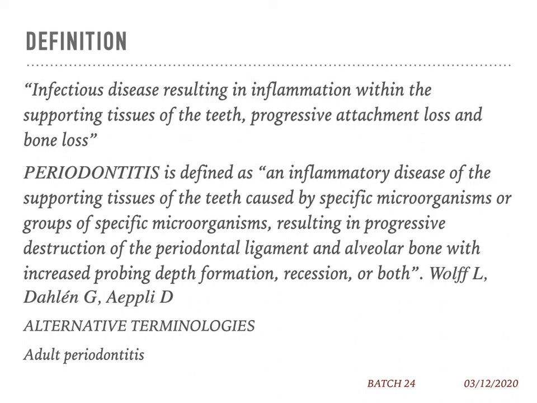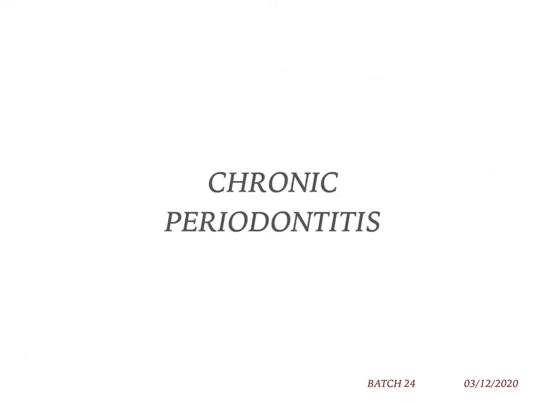So this periodontitis can be classified into chronic and aggressive periodontitis. The alternative name for chronic periodontitis is also adult periodontitis. So we will see about chronic periodontitis first.